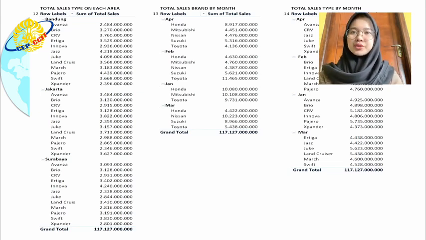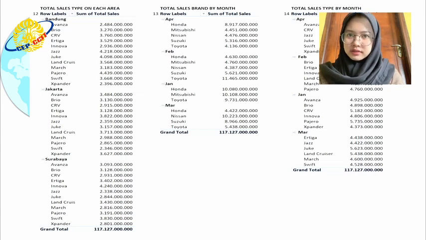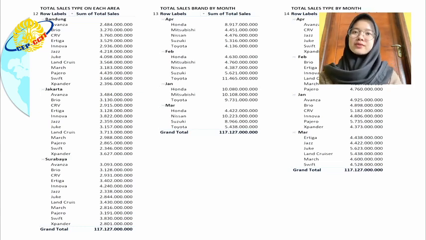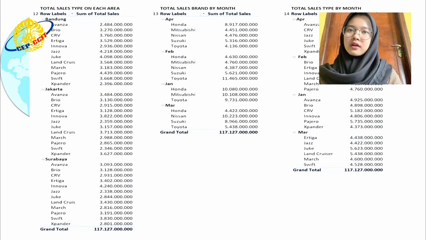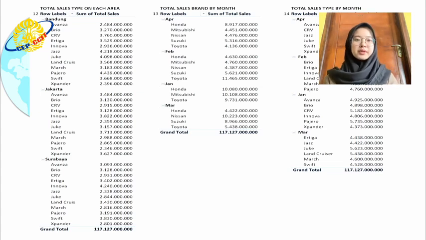Jazz and Juke in Bandung, Innova in Surabaya, and the highest ones in Jakarta are Avanza, Brio, R3, Innova, Juke, Land Cruiser, and the last is Expander with 3 billion.